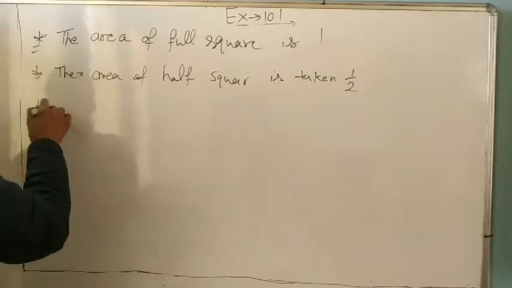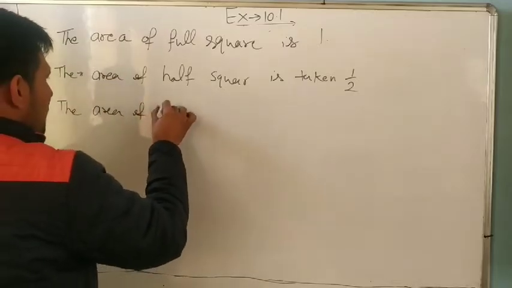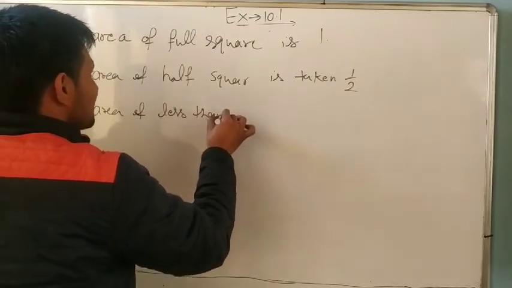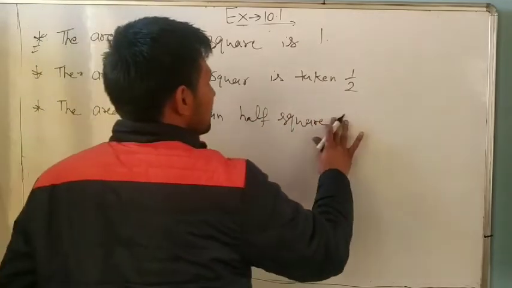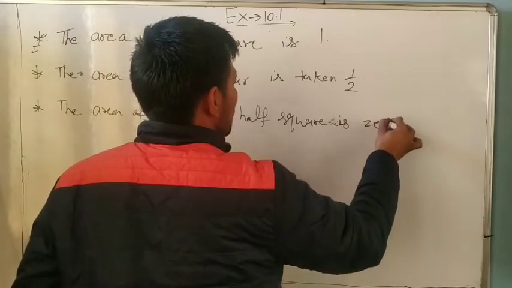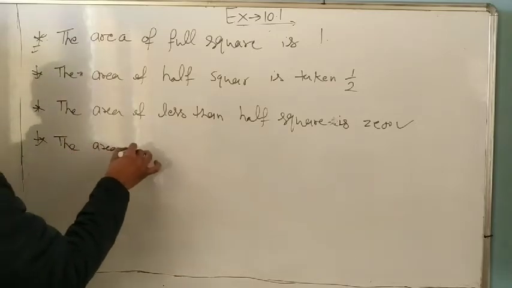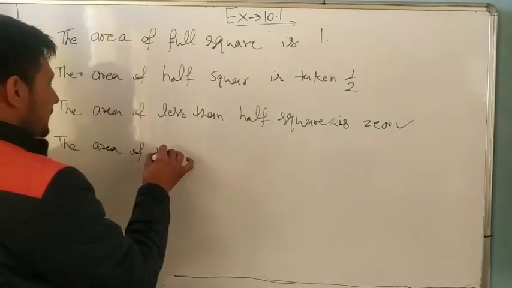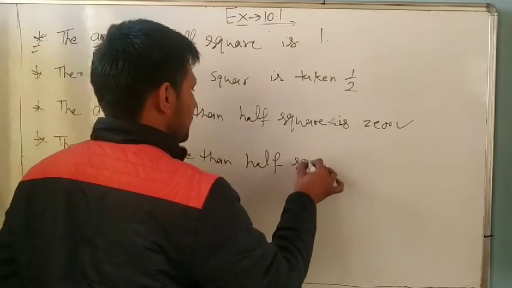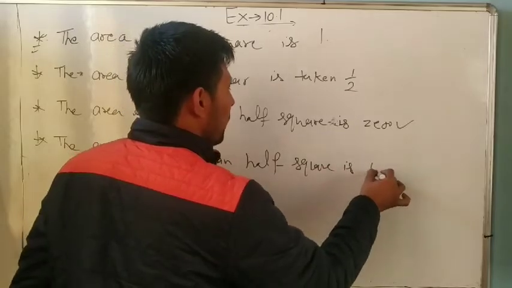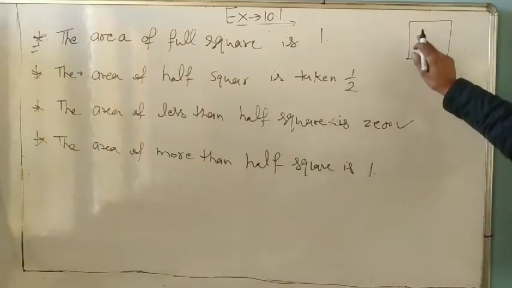Next, the area of less than half square. If it is less than half, it is 0. And next, the area of more than half square is 1. More than half, suppose like this one, if it is given, it is a full square, so its area is 1.